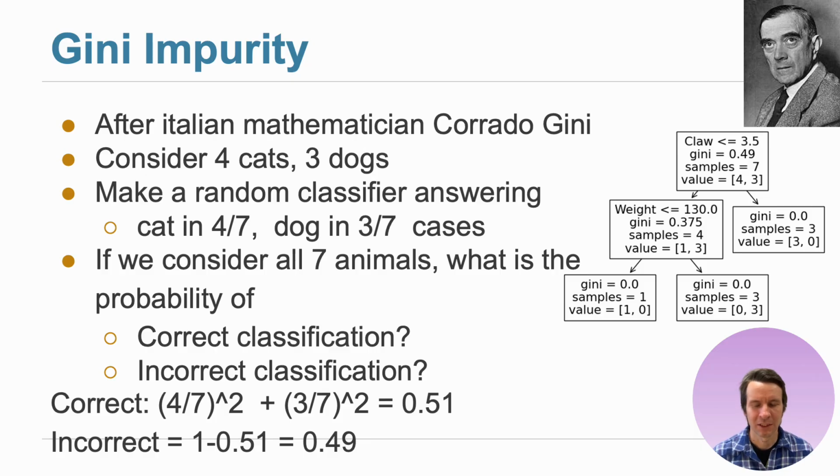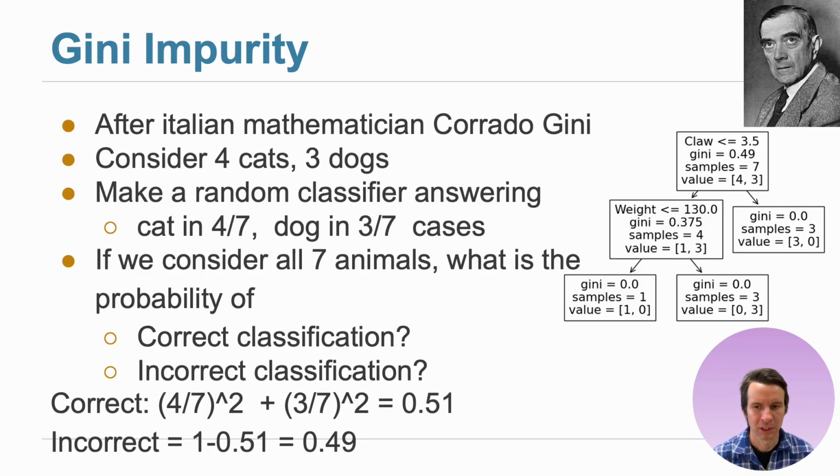If you look at the tree on the right, if you only have cats in your data in the particular node, then you always answer cat and it will be always correct. So the incorrectness is 0. So you can think of the Gini as the incorrectness of a random guess, where the random is weighted by how many things you still have.